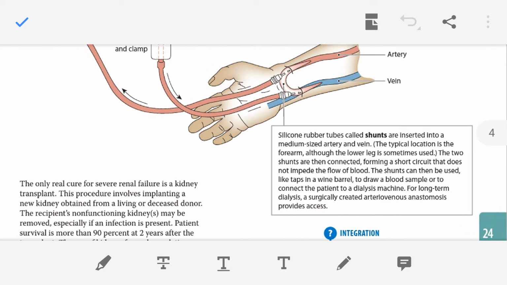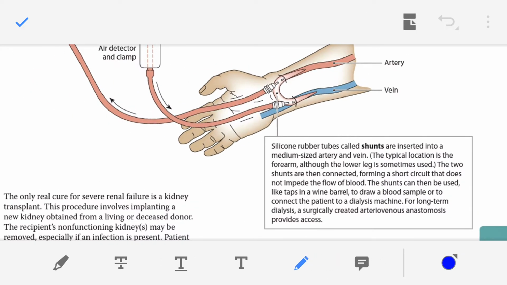So with the use of the shunt from the artery, the flow of blood is maintained. A proper amount of blood is all the time entering the artificial kidney, and once it is filtered and cleaned in the artificial kidney machine, the clean blood enters the vein through the shunt.